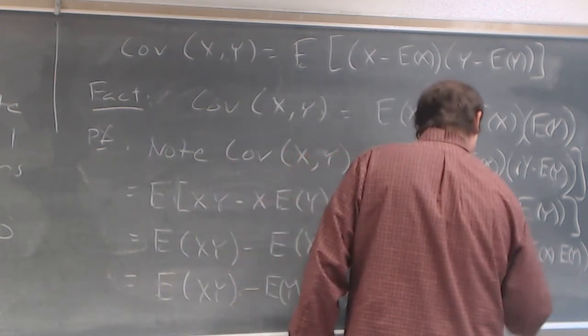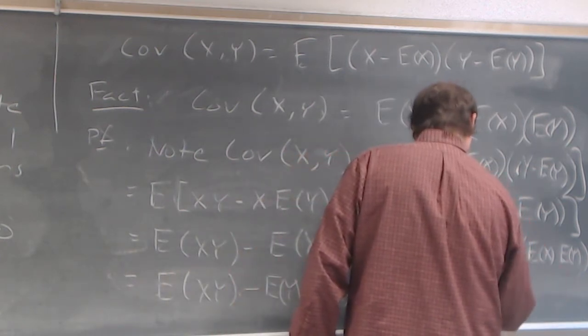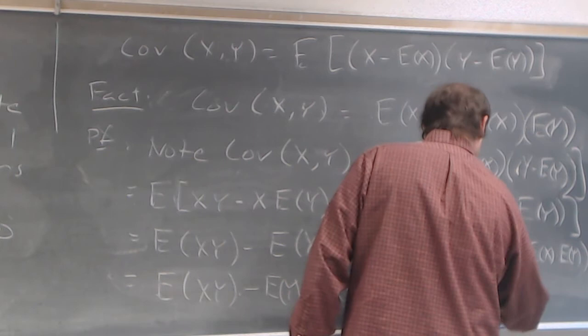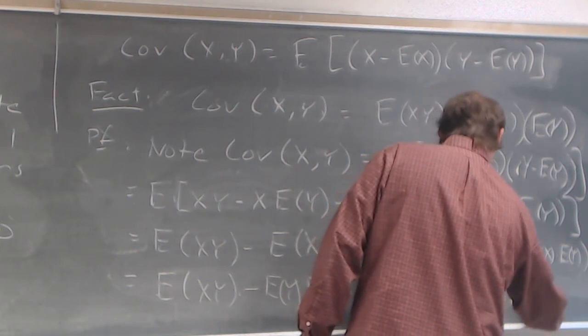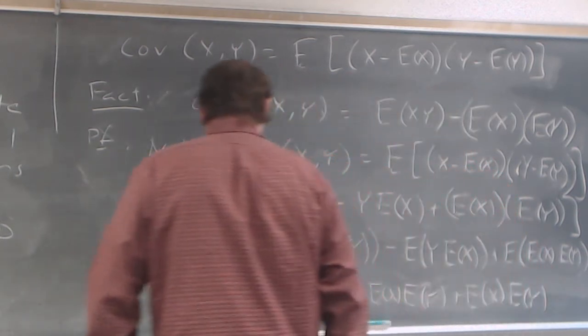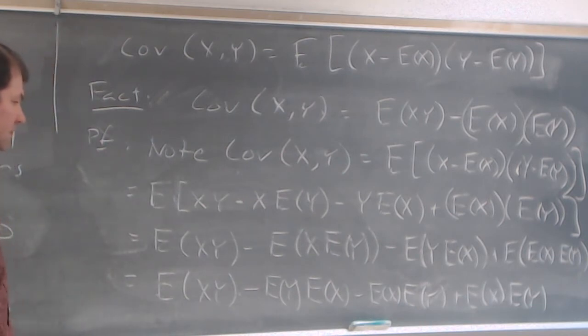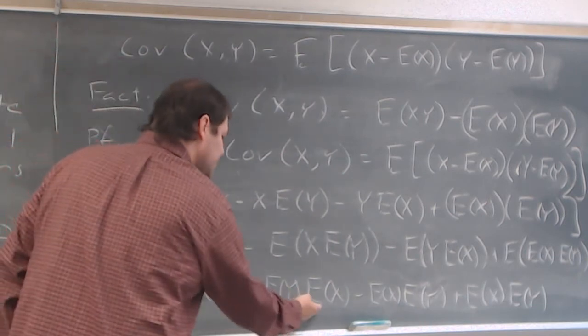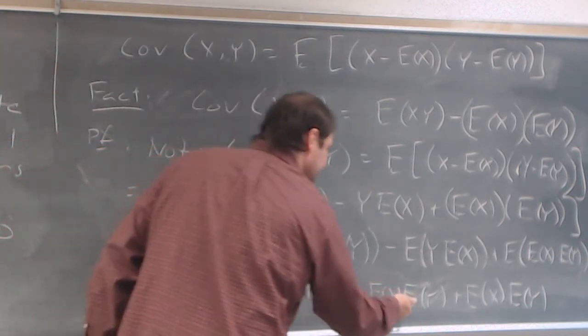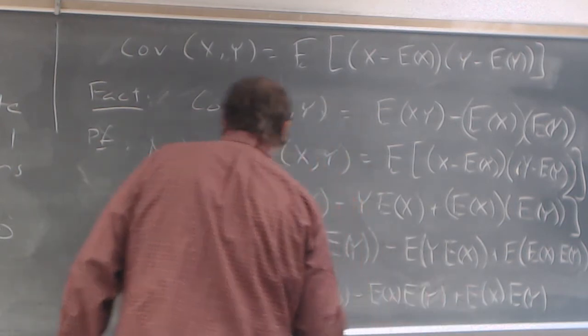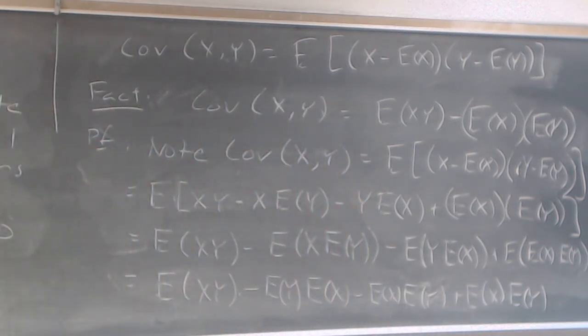And here, this is just a constant. The expected value of a constant is that constant. And I'll write to conclude the proof in just a second, but these are exactly the same. So we got minus 2 of them, and here's plus 1, so we end up with minus 1 of them. And that's exactly what we wanted to have happen. Let me write that up here.